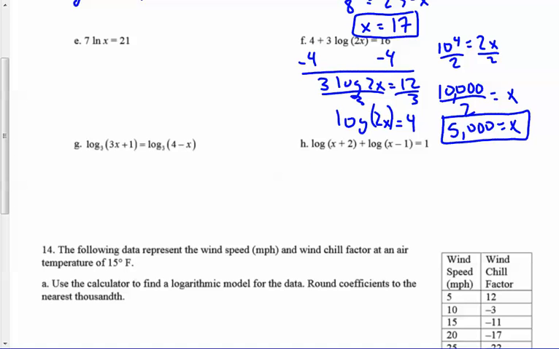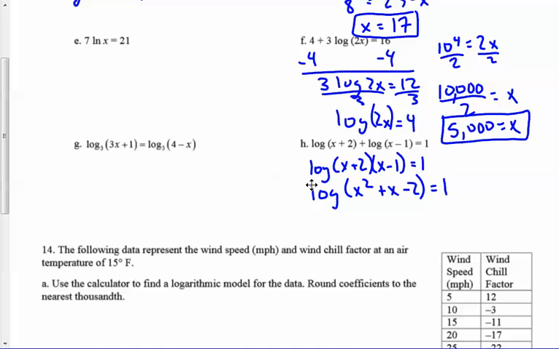So what I'll do is multiply them. Log of x plus 2 times log of x minus 1 equals 1. So now I can multiply those together, FOIL it. So log of x squared plus x minus 2 equals 1.